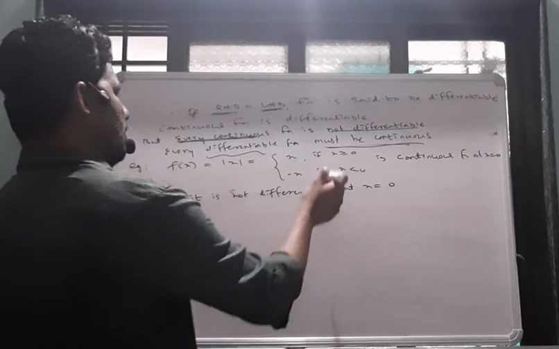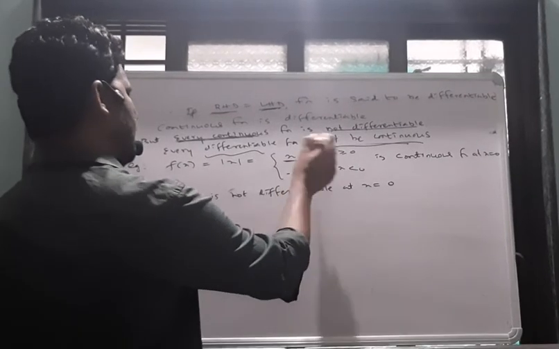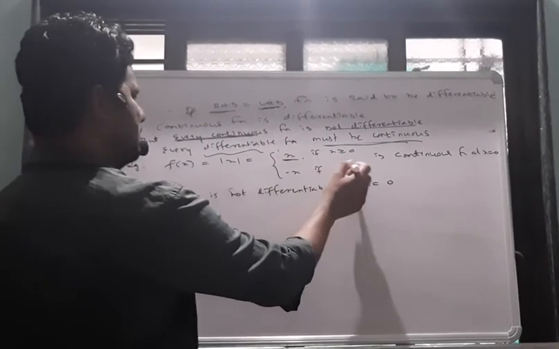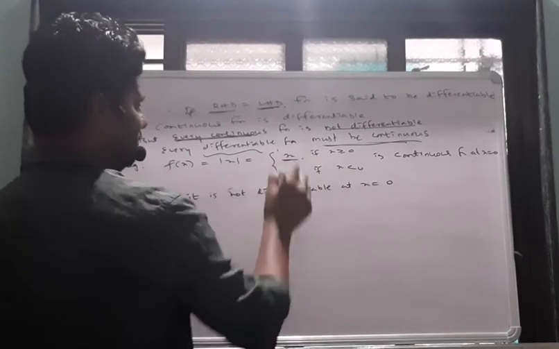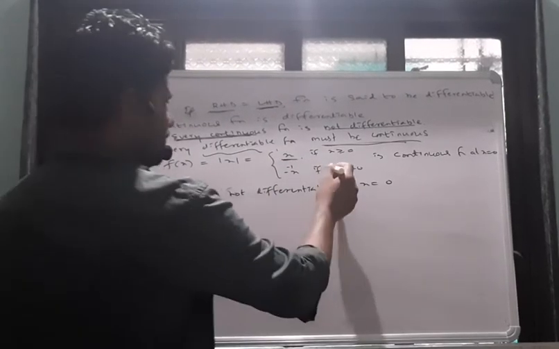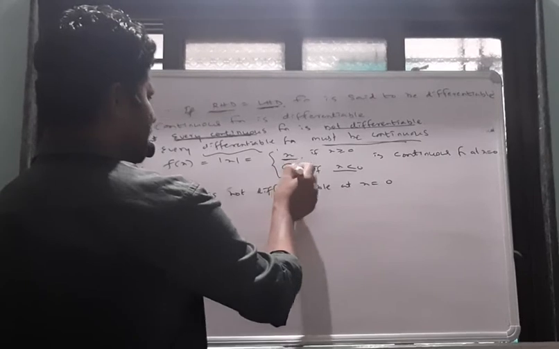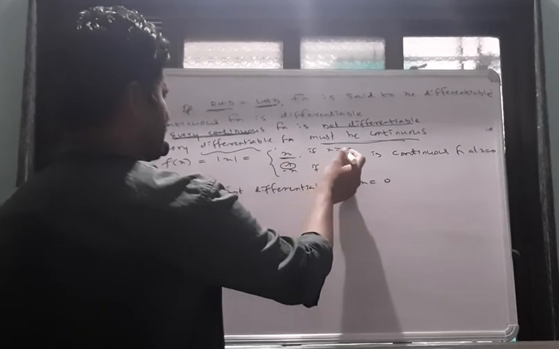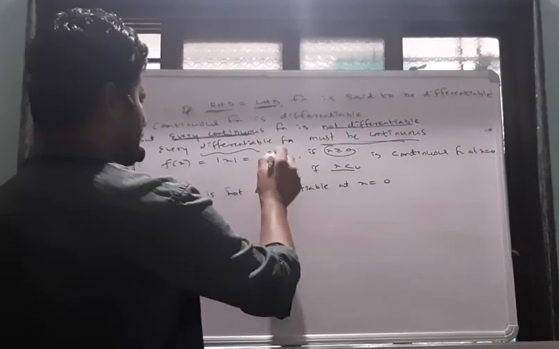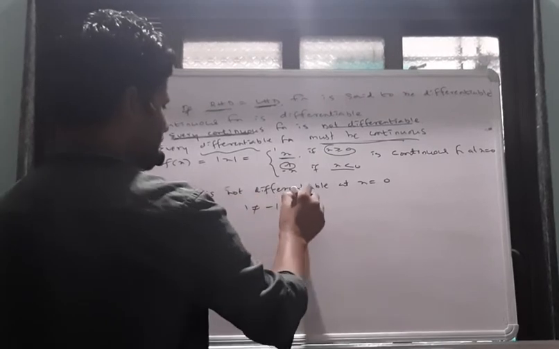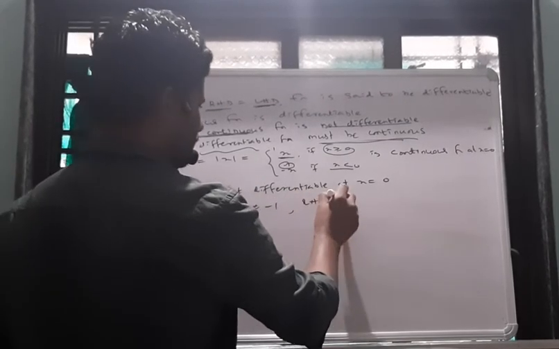When you differentiate the function on the left side, we get minus 1. When you differentiate on the right side, we get plus 1. So 1 is not equal to minus 1. It means the left hand derivative is not equal to the right hand derivative.